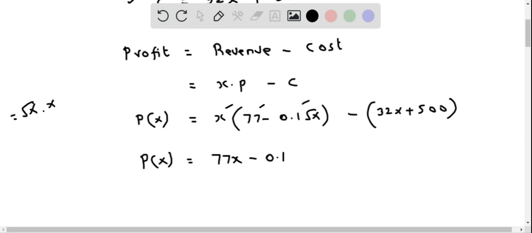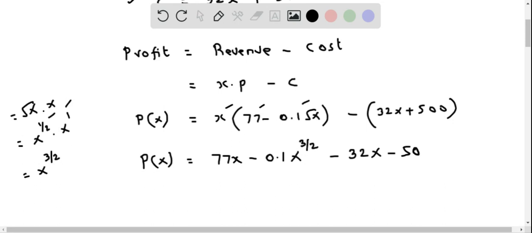This we can write in power form. That is, root x is x raised to the power of 1 by 2, and x is basically x to the power 1. So we add the powers, that is 1 plus 1 by 2 equals 3 by 2. Therefore, I write 0.1 times x to the power 3 by 2 when we multiply x with root x. We then have negative 32x. We expand the bracket, negative 500 here.